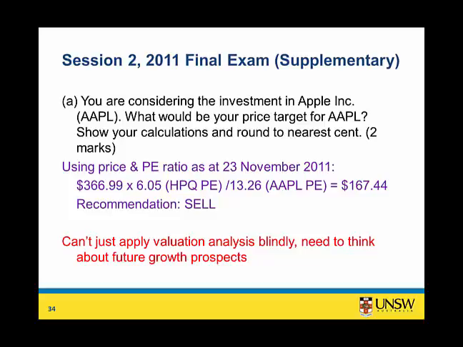So doing this calculation shows you that you can't just apply the calculations in a blind fashion. You need to actually have a little bit of business knowledge to know why there is a difference between Hewlett Packard and Apple.